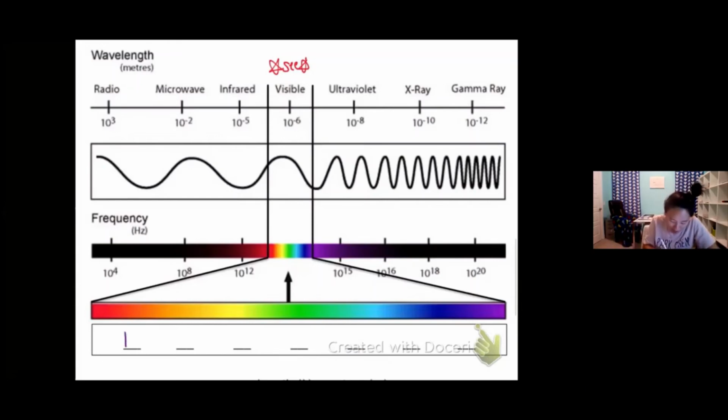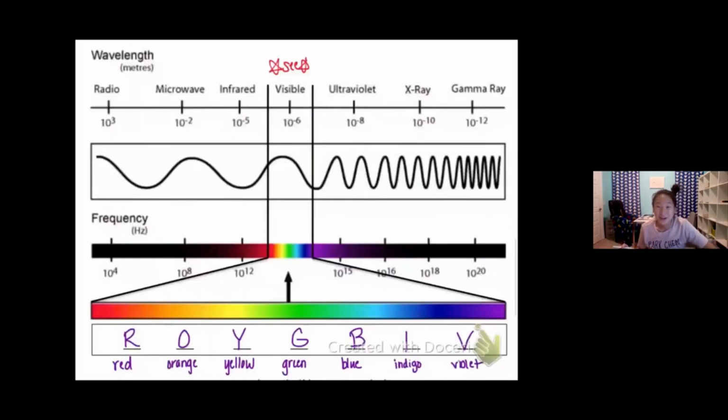So you have red, orange, yellow, green, blue, indigo, and violet. Okay, I'm going to spell it out for you really quick, just in case you need the spelling. Okay, so those are your 7 different colors. These are the only types of radiations that we can see with our eyes. Everything else we can't see. Okay, there are different types of animals that can see different types of radiation, but colors are the only ones we see. So pretty good to go on the colors.